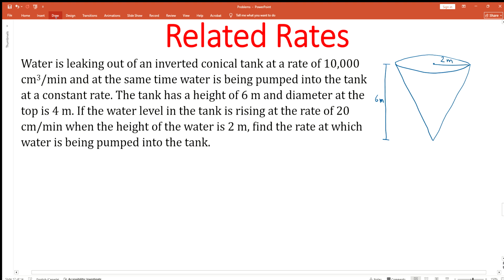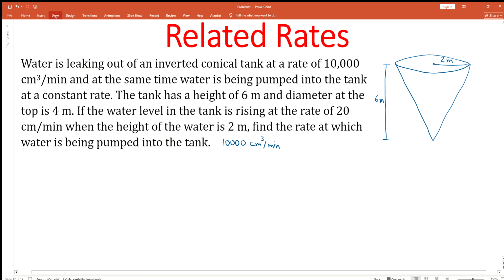Next, we should make the units for all numbers given in this problem the same. We are given that water is leaking out of the tank at the rate of 10,000 centimeter cube per minute.